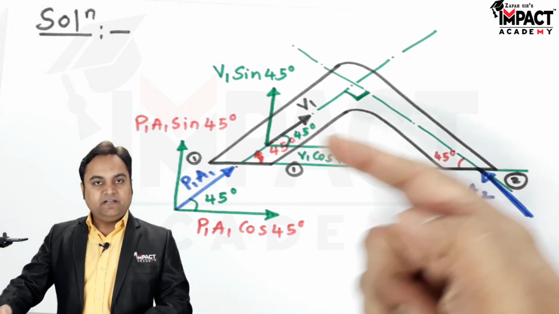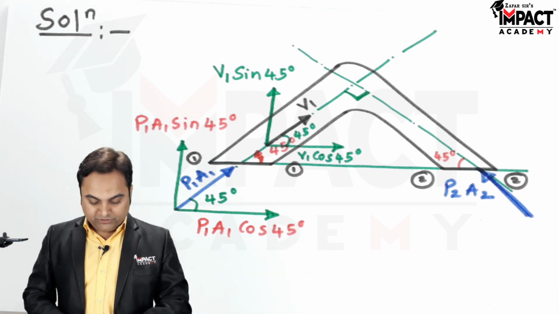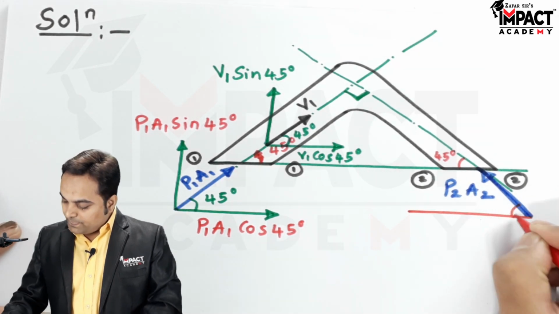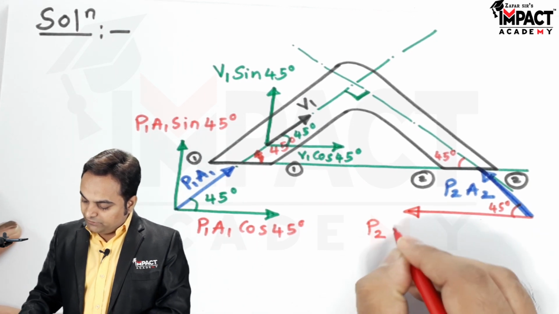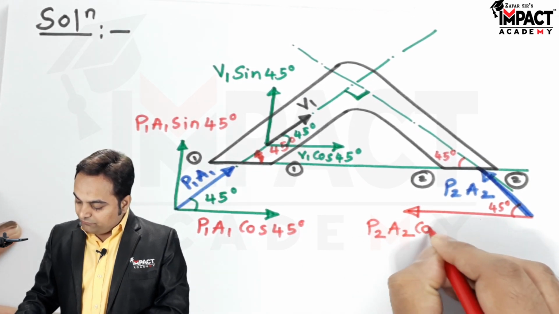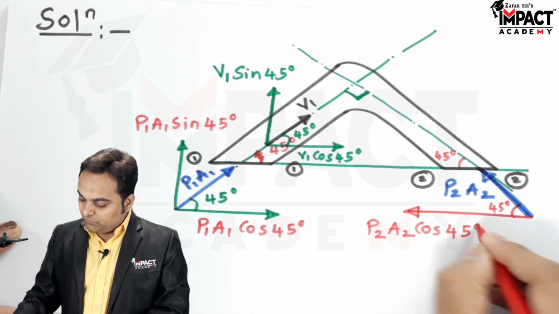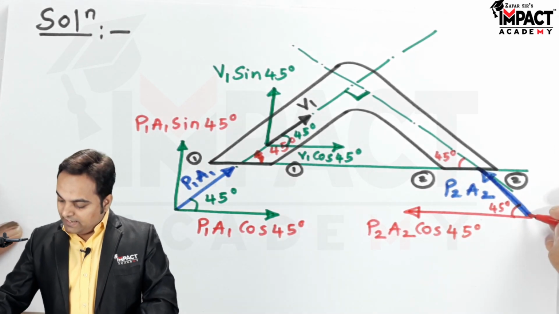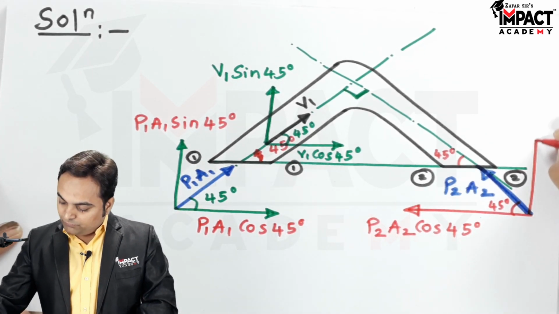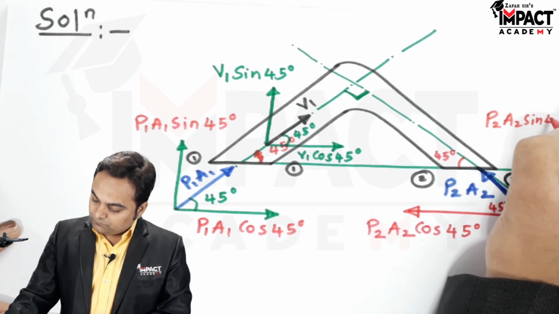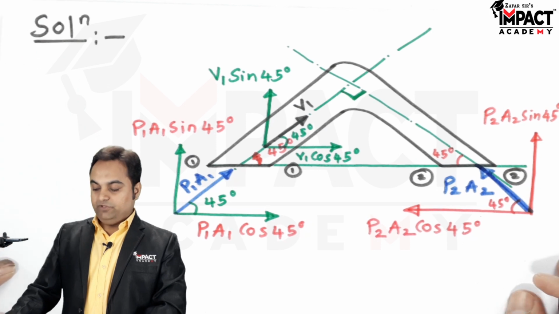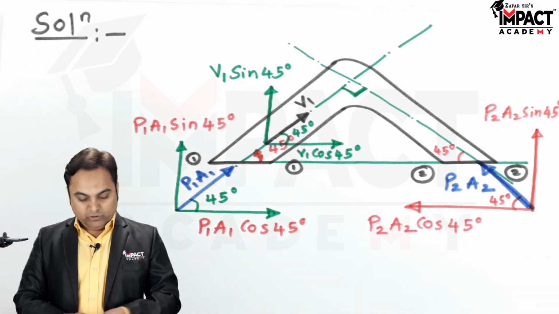Now this is also inclined at 45 degrees, so it will have two components. One is the horizontal component, which is P2A2 cos 45, since we are measuring the angle with respect to horizontal, and the vertical component will be P2A2 sin 45 degrees.